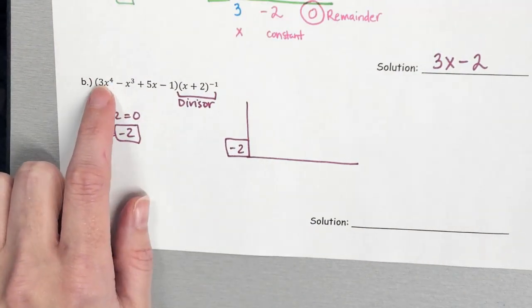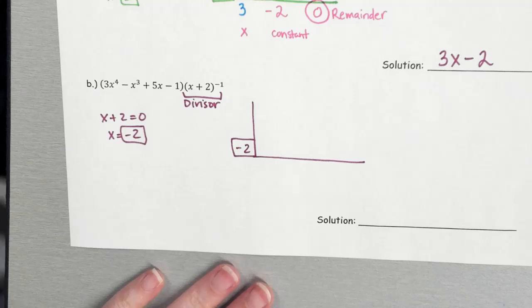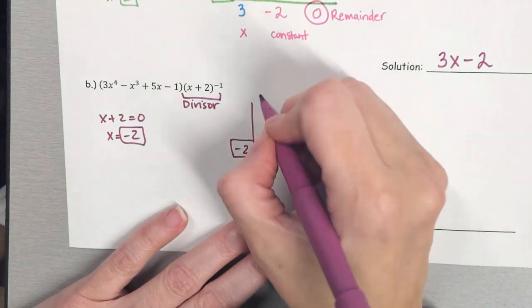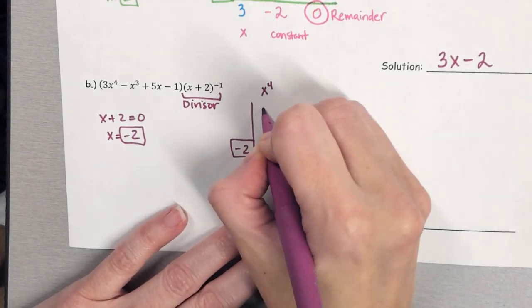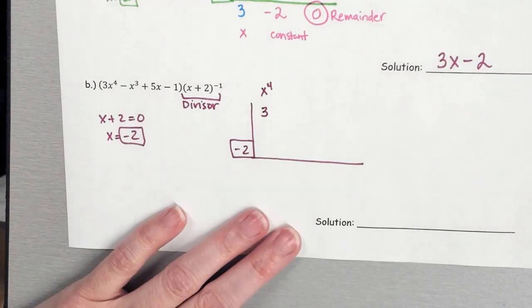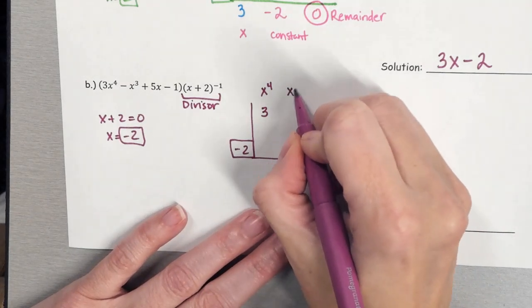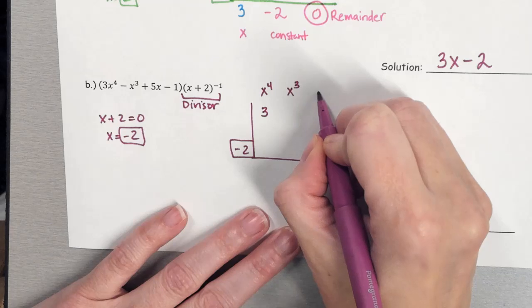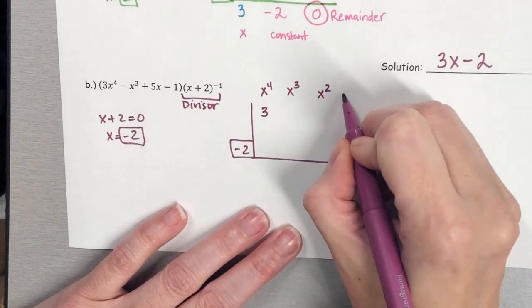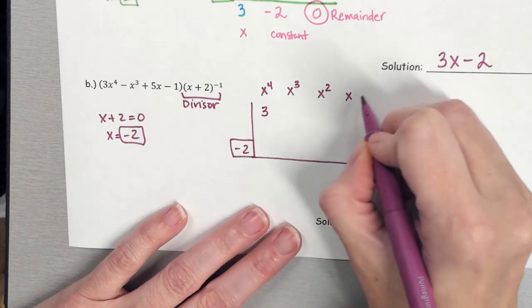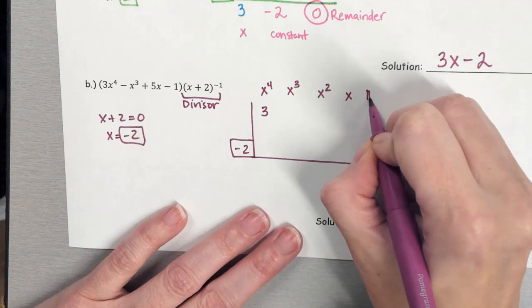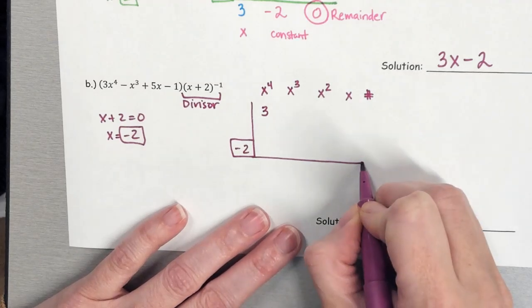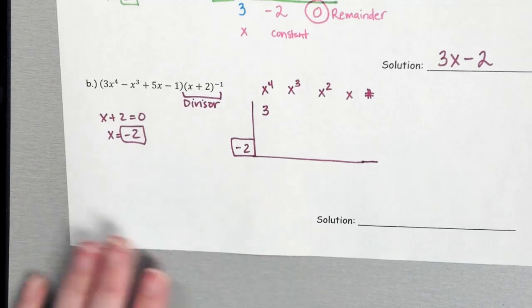So again, make sure it's in standard form. The first thing is the coefficient of x to the 4th, which we know is 3. Okay, after x to the 4th should be the coefficient of x cubed, then the coefficient of x squared, then the coefficient of x, and then your constant. And then sometimes instead of writing out constant, I'll just write it's your number term.